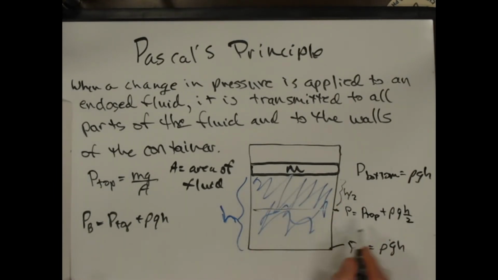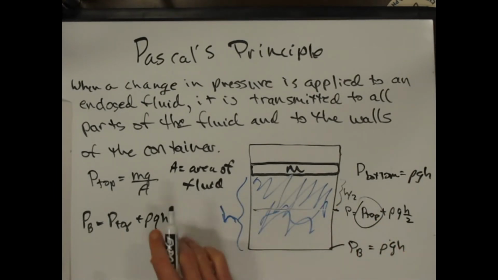The pressure at every point is increased by the amount of additional force that was added to the fluid at the top. So we're going to show how this is an underlying principle of hydraulics. It's how when you take your car to the mechanic, they can raise your whole car up with a piston. And I'll give you an example of that next.